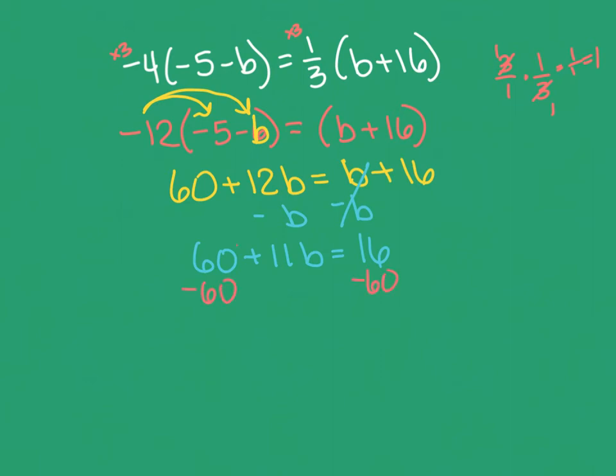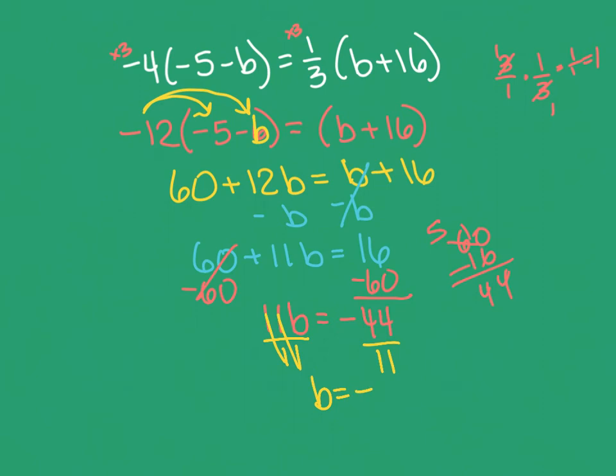Opposite on both sides. Leaves me with 11b. This is positive 16. So I have $16. I have to pay 60. I still owe money, but it's less than it was before. I'll just find the difference, and that's going to be 44. Inverse operation to isolate the variable b, not 6.